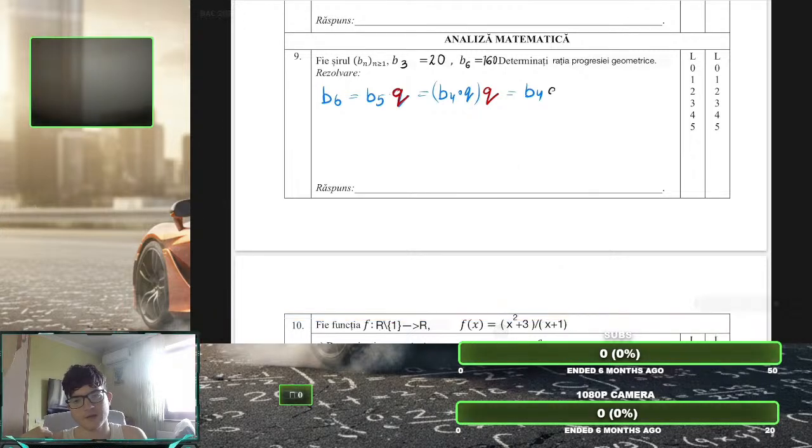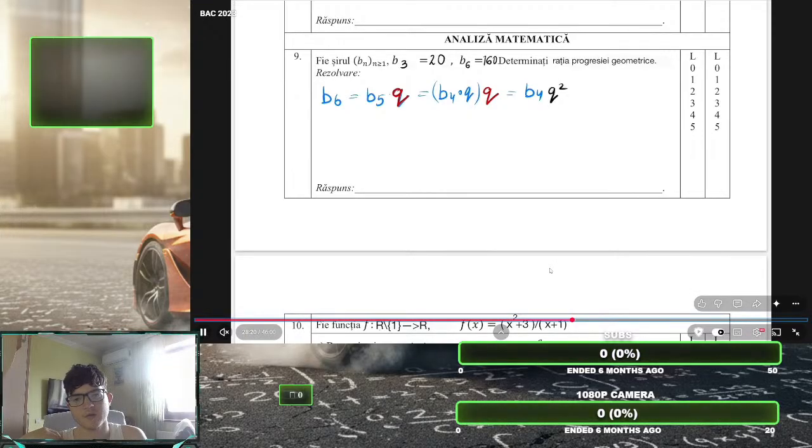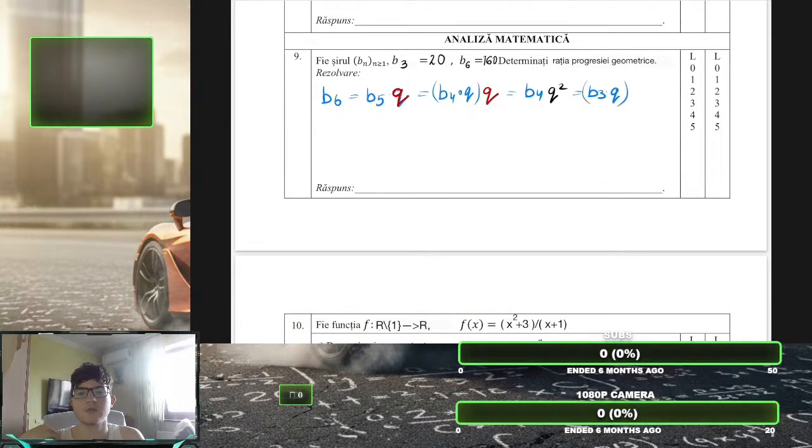Now we get to B3, right? So B4 times Q times Q to the second power, equal to B3 times Q times Q to the second power.